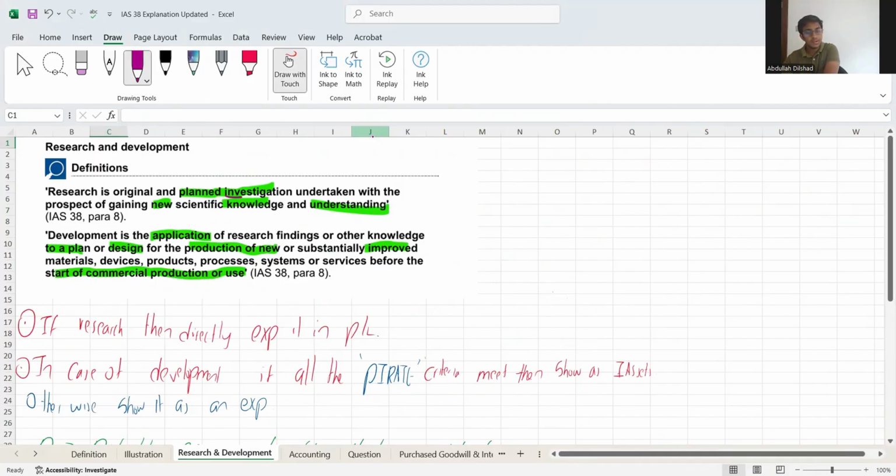Research is an investigation to gain or identify new knowledge and understanding. Take Tesla as an example. Back in the 2000s, did you ever think that Tesla would come up with electric hybrid cars? No. BYD, which suddenly became popular.